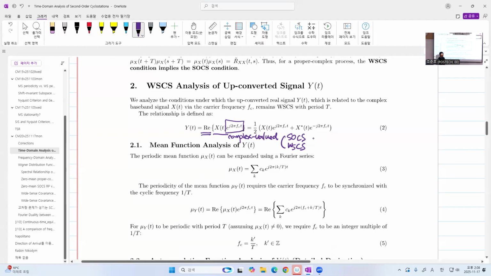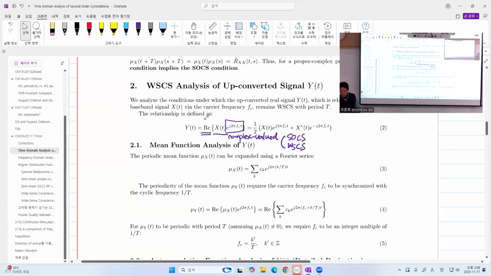This is the most common case when we human beings generate a radio wave. We generate a real valued bandpass random process to do a lot of things. Sometimes it could be a GPS signal, a radar signal, or a communication signal. Anyway, as I have assumed, y of t is real valued and x of t is complex valued. Got it?